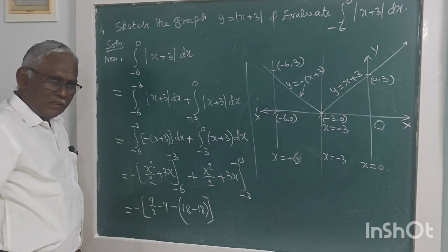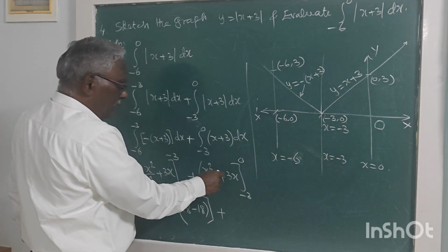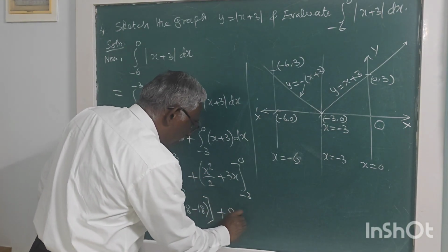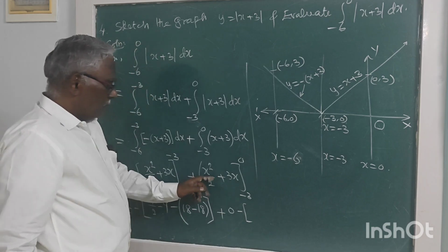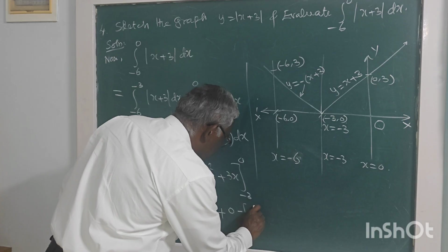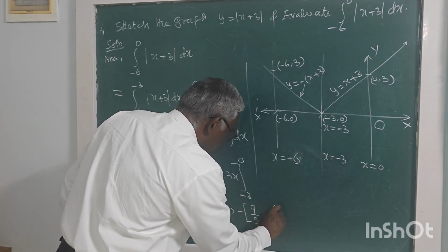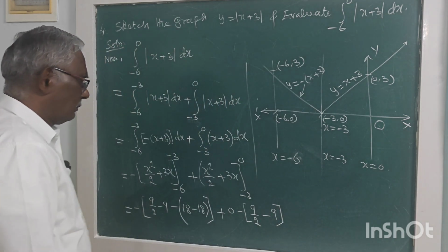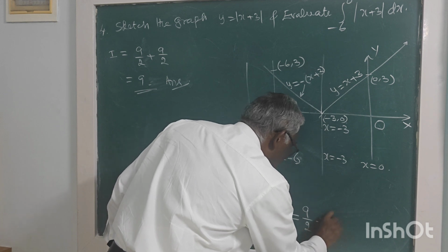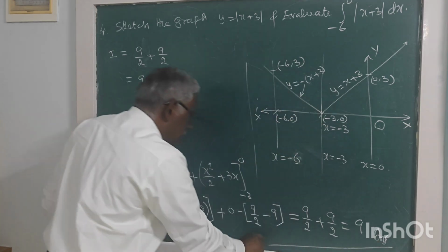Plus, if you substitute the upper limit for x as 0, it will become 0, minus, for x substituting minus 3, so 9 by 2 minus 3 into minus 3 is minus 9. 9 by 2 plus 9 by 2 is equal to 9. Answer.